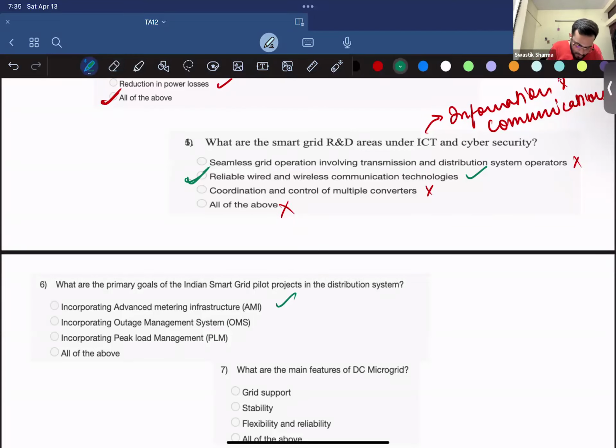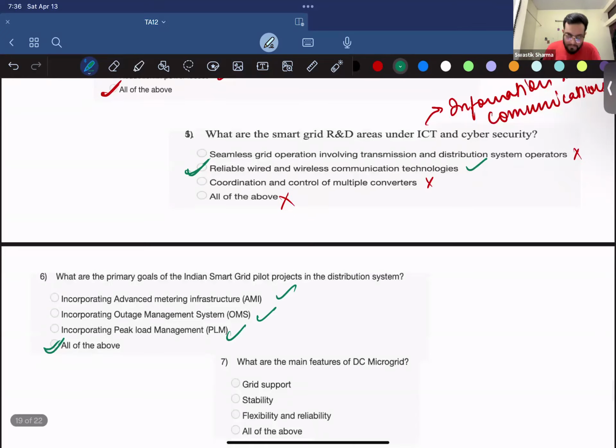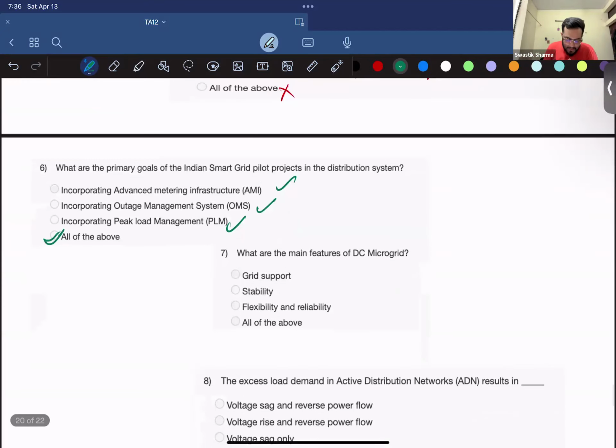We want outage management systems so that once an outage happens, your critical loads are still powered. Your peak load management should be there. So all of the above is the correct answer.